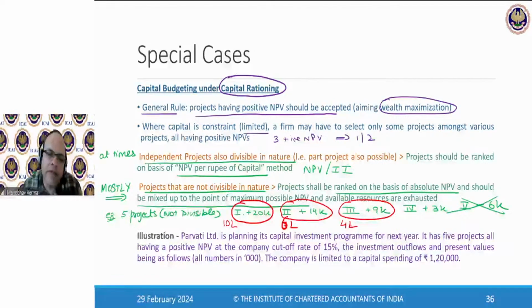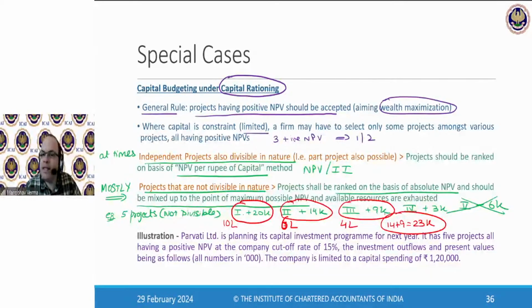Now you might wonder why can't we, instead of going for project 1, select project 2 and 3 if we have funds for those two projects, because combined NPV will be higher. Combined NPV will be 14 plus 9, 23,000.